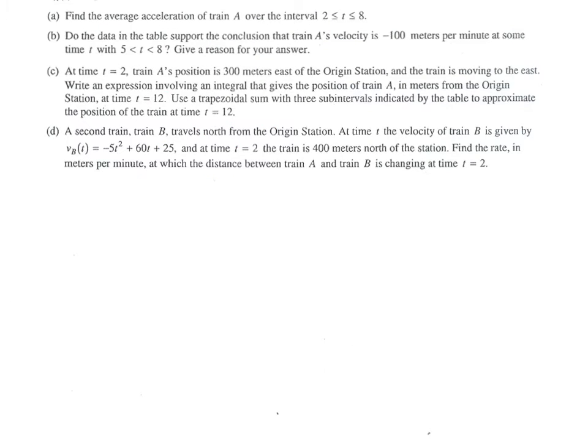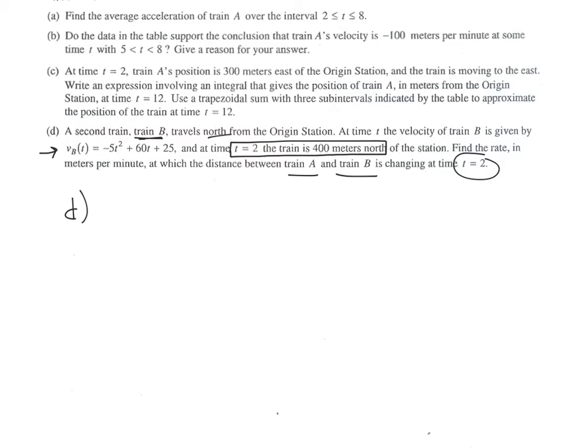Okay, last part, part D. Now we've got a second train, train B, traveling north from the same station, and now we're given a function for train B's velocity, and we're given a position at t equals 2. Now I've got to find the rate at which the distance between train A and train B is changing at t equals 2.